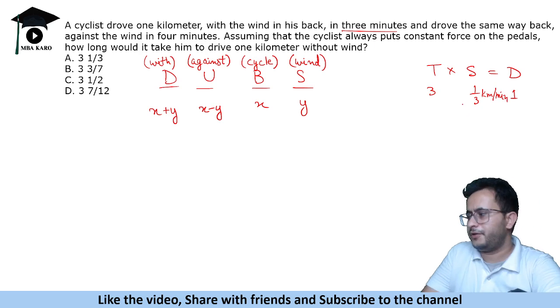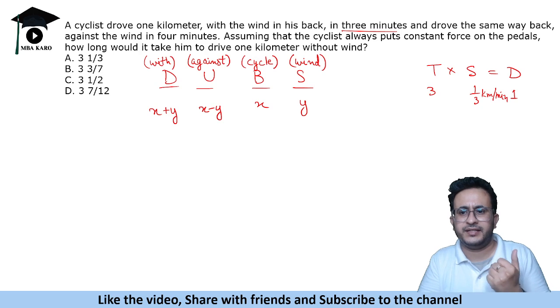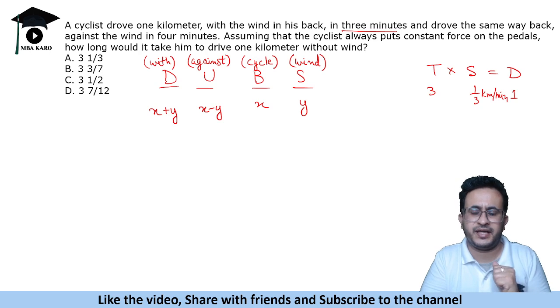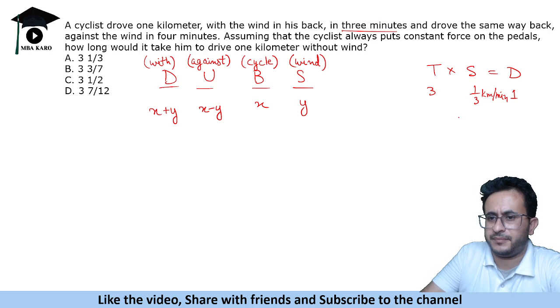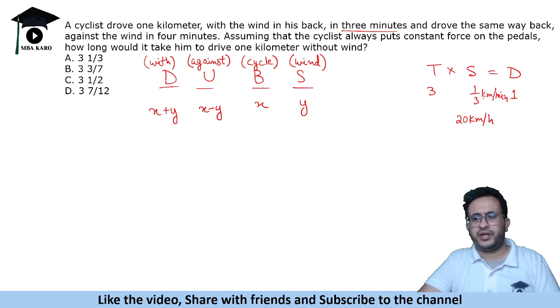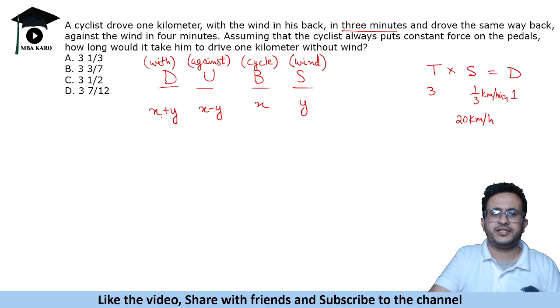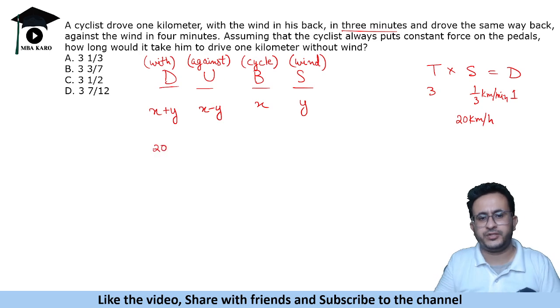Since time is given in minutes, you can convert to hours. If you multiply, you can say 20 kilometer per hour, because he is covering 1/3 kilometer in 1 minute. This is the speed when he is going with the wind, so the with-the-wind speed is 20.